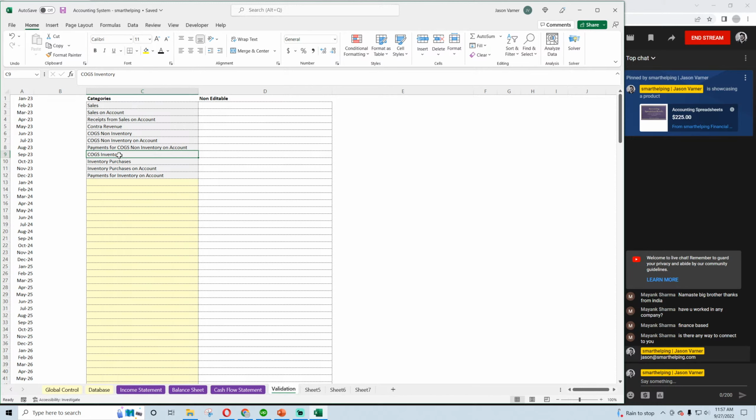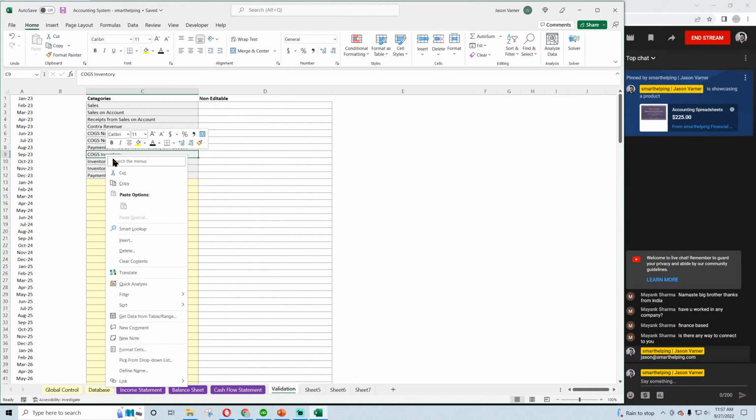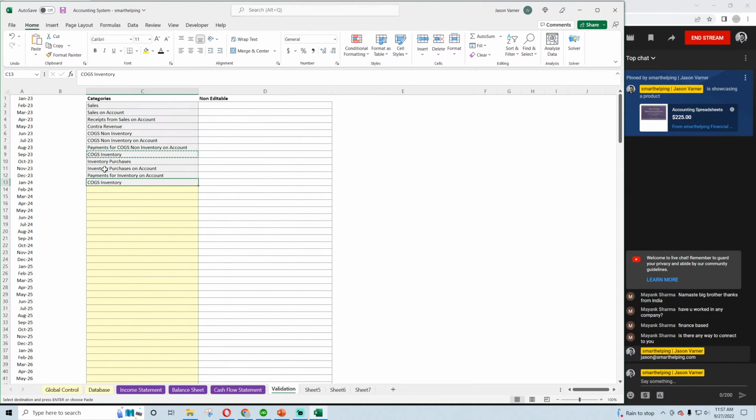Cost of goods inventory. This is how we actually account for when we sell something. We want to say, okay, whatever we sold, this was the cost of what we sold. So this is going to be depleting inventory. I actually want to put that down here.